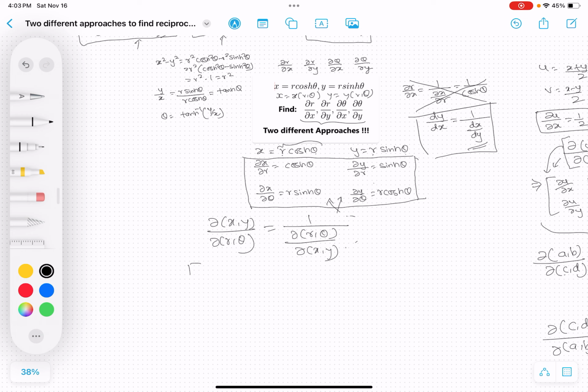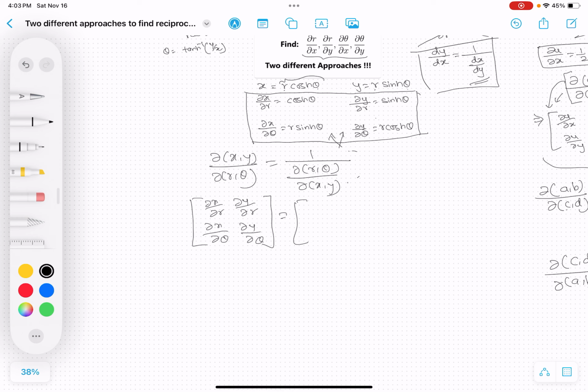Now we know that this is just a matrix: partial x by partial r, partial y by partial r, partial x by partial theta, partial y by partial theta, right? I already told you how this works. About why, we are going to do that in the next few seconds after we complete this, but about how, I think you are already good with that. Now again, this is just the inverse of this thing, right?